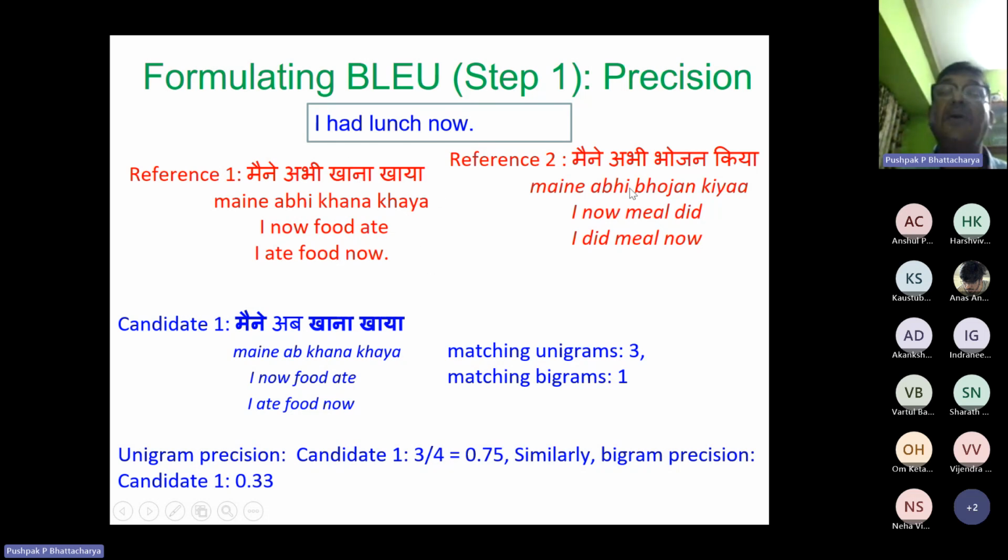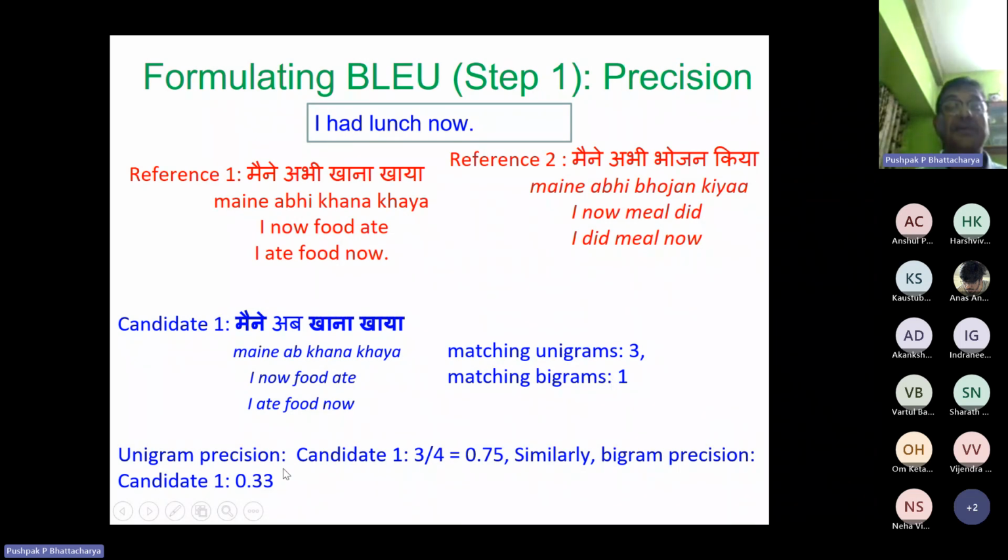Now you have to search in all references. So matching unigrams is 3. Bigrams are combinations of 2 contiguous words. मैंने अब doesn't match. अब खाना doesn't match. खाना खाया matches. So matching bigrams is 1.